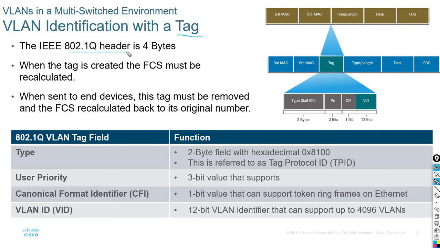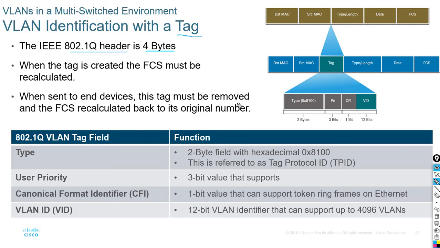The IEEE 802.1Q header includes a 4-byte tag inserted into the original Ethernet frame header, specifying the VLAN to which the frame belongs.